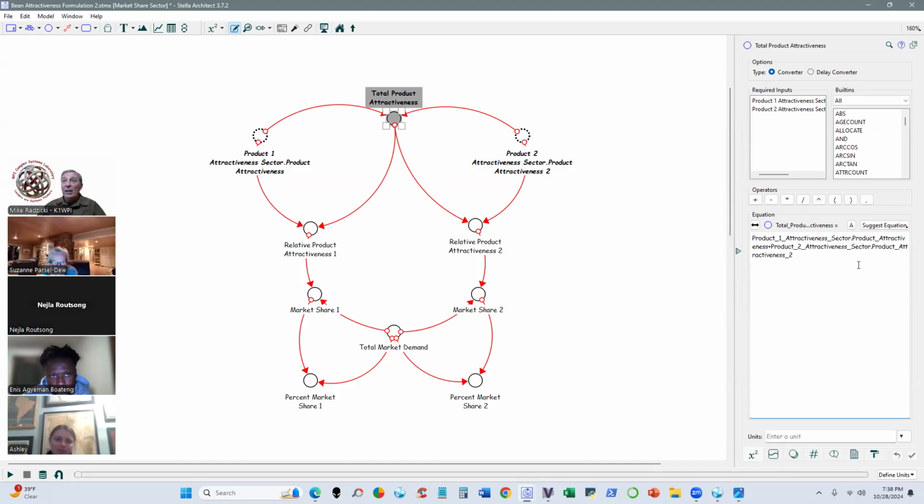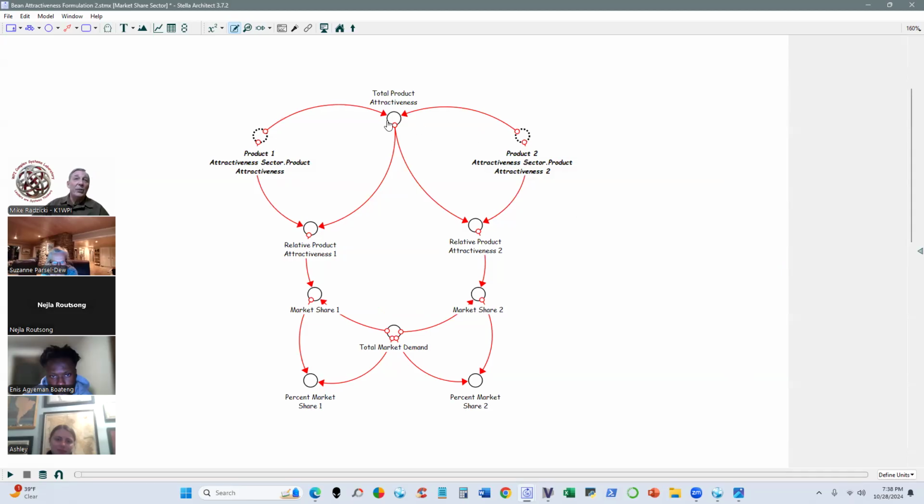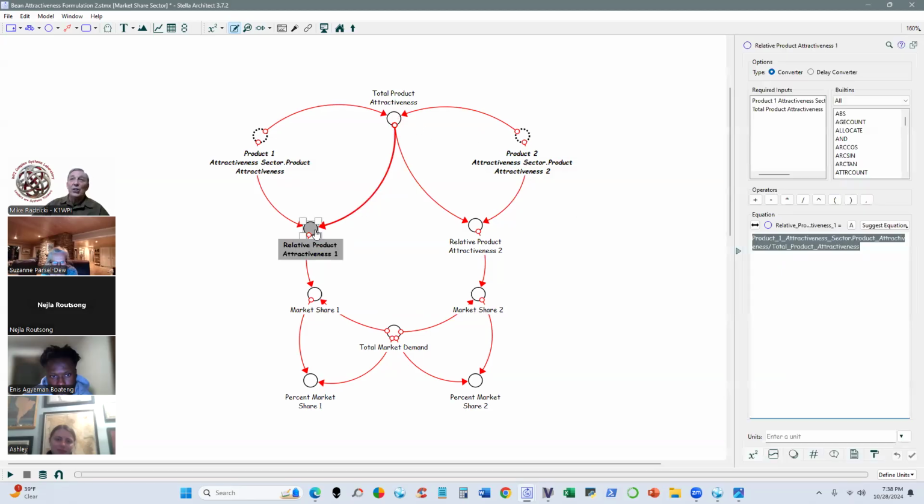Well, here we have the total attractiveness of the two products, and then the fractional or relative attractiveness. Again, I must have done these in Vensim originally and converted them to Stella, because Stella smears things, doesn't put any spaces between them, and I think it's very hard to read.